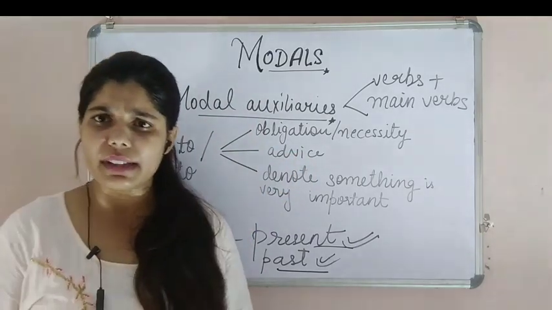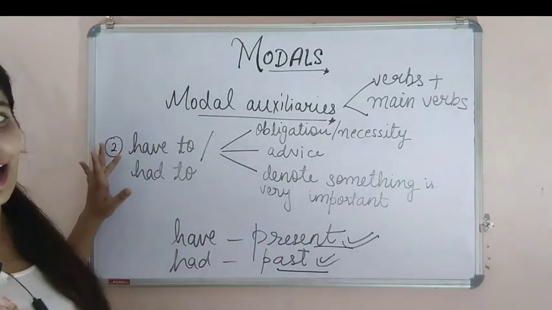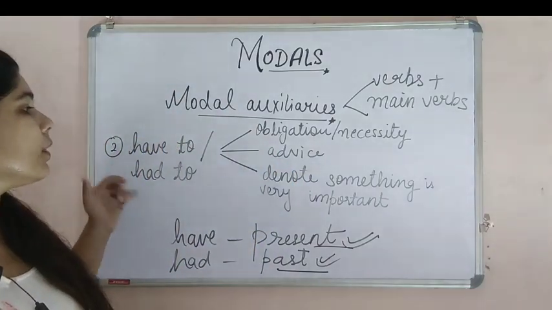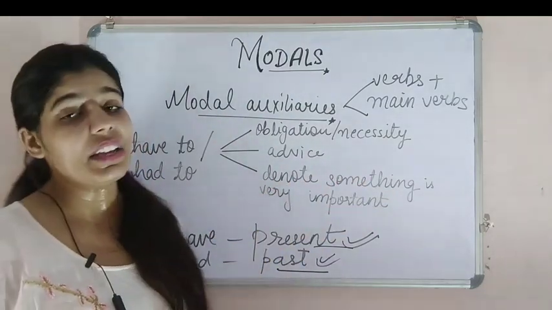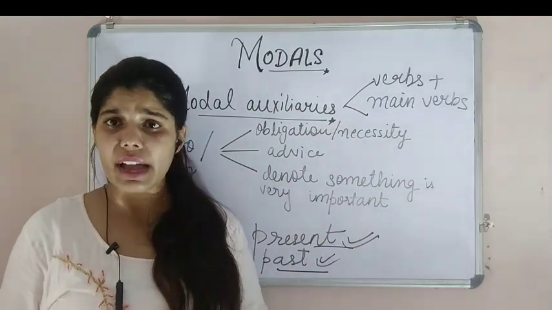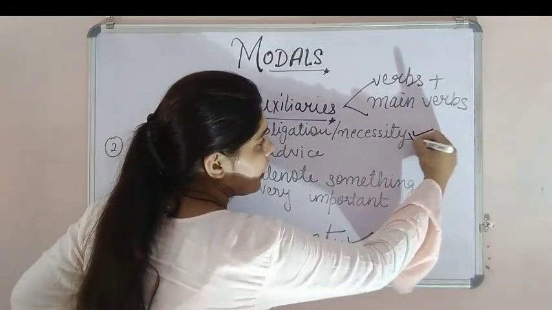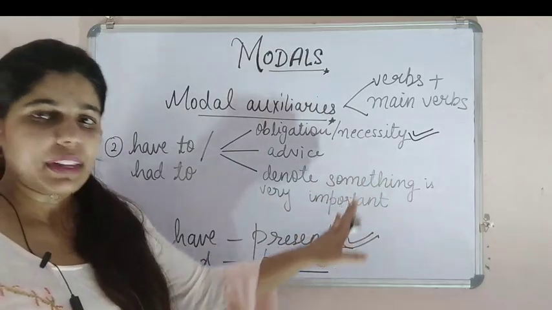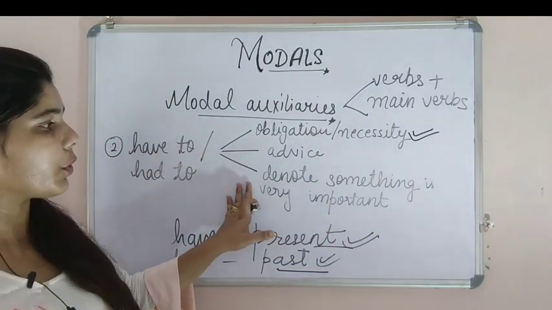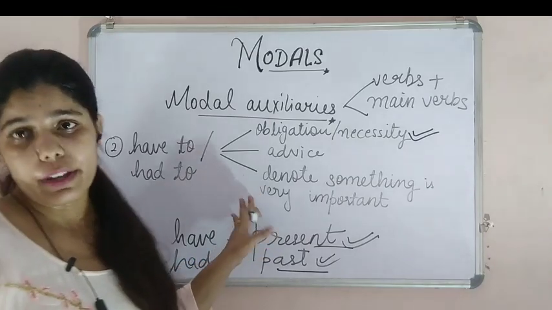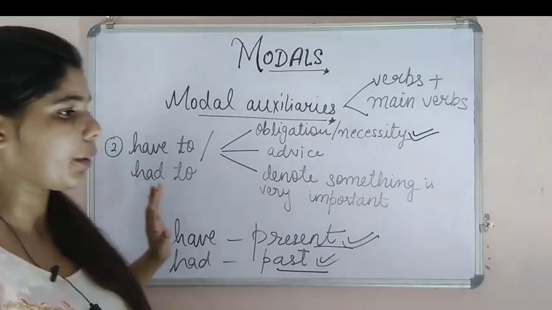Wherever we are expressing some advice, we use either have to or had to. Last, it is used to denote something that is very important, as with necessity in the first point. So in these cases we use have to and had to.